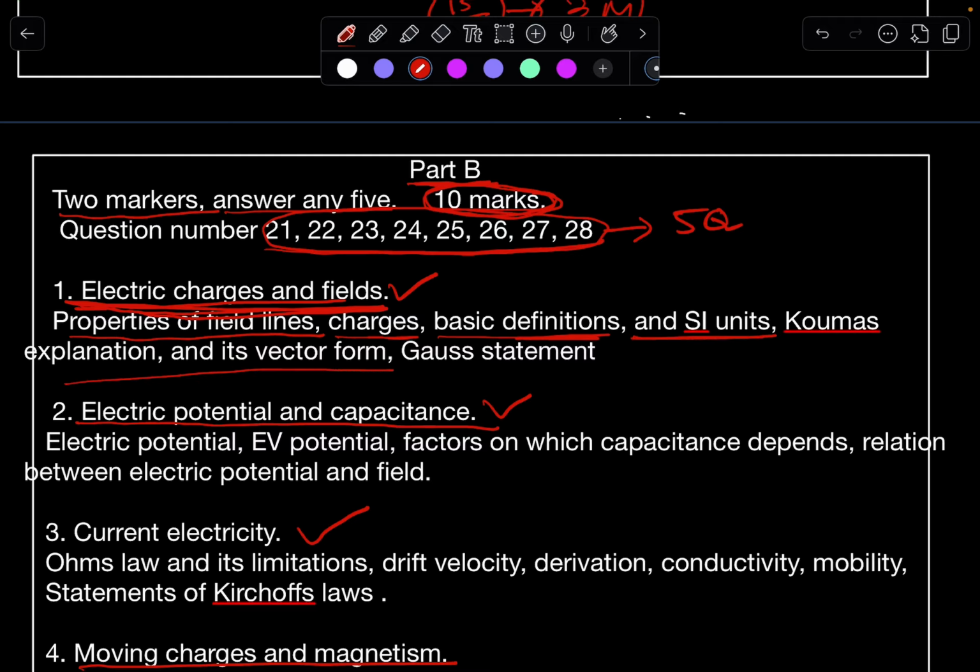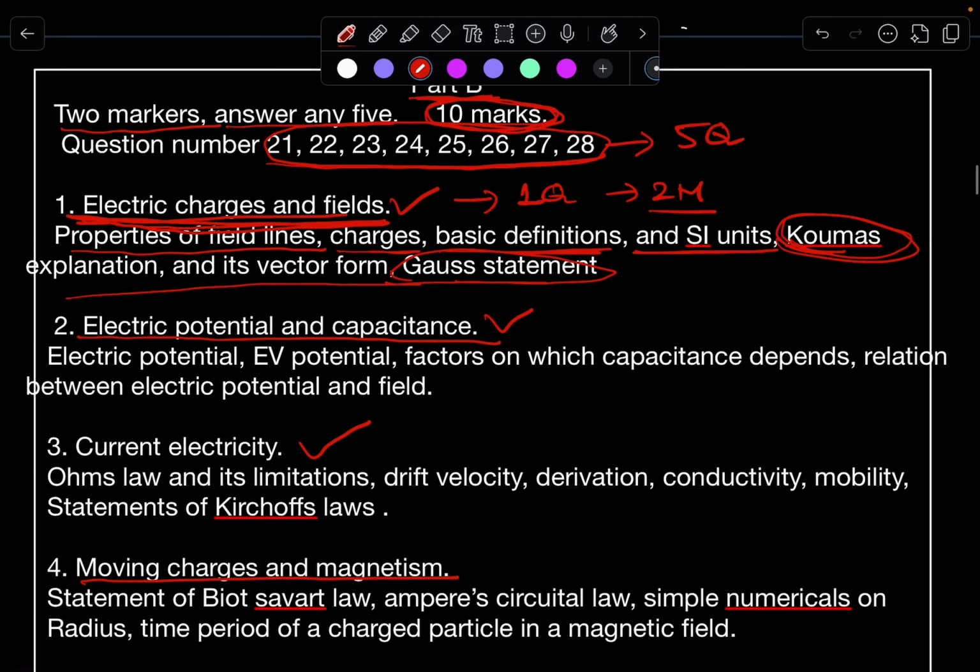And the last one is Gauss law statement and Coulomb's law explanation and its vector form. If you practice these concepts, especially in electric charges and fields, they will ask one question, you can score 2 marks.